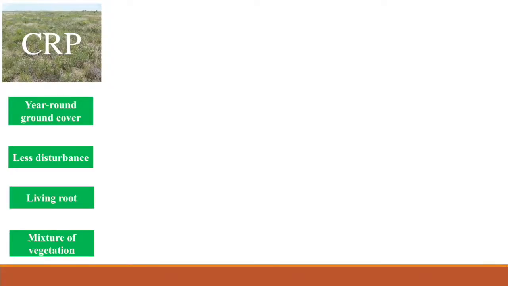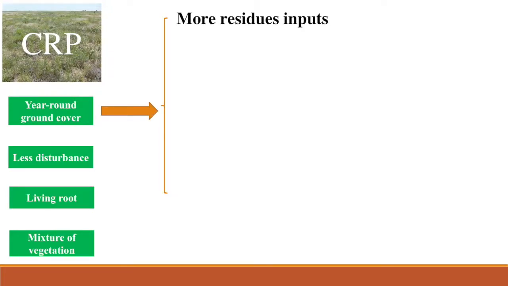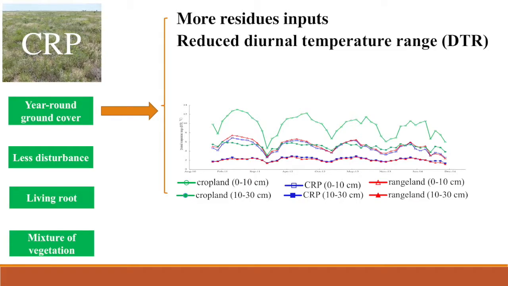So, as I mentioned earlier, CRP meets all 4 soil health management principles. The year-round ground cover will provide more residue input. And also, the year-round ground cover works like a canopy and reduces the diurnal temperature range.